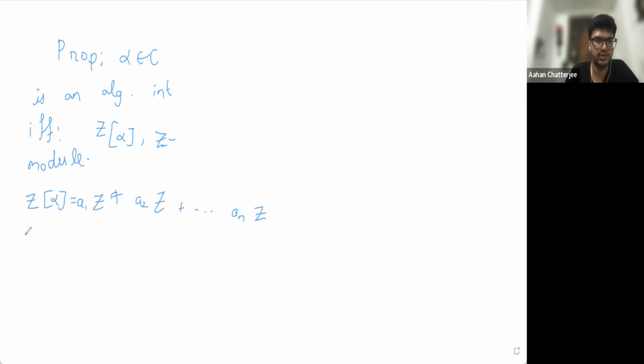Essentially, the equivalent way of saying this is that alpha is a root of f of x, which is monic, and degree f equals n.